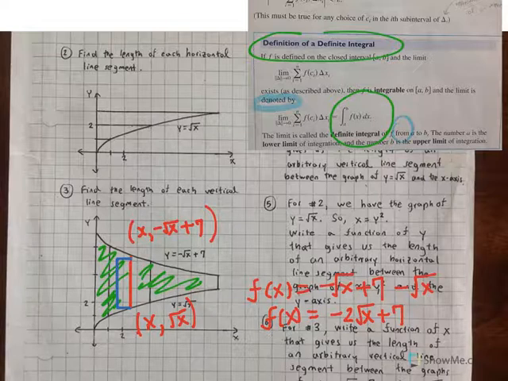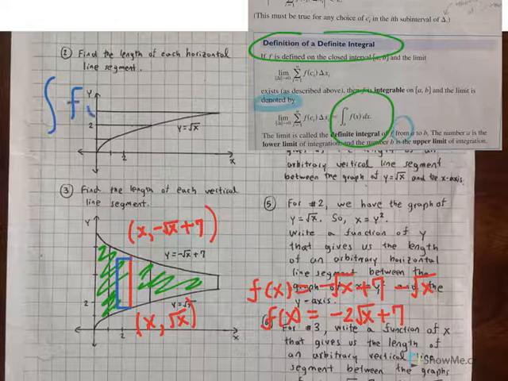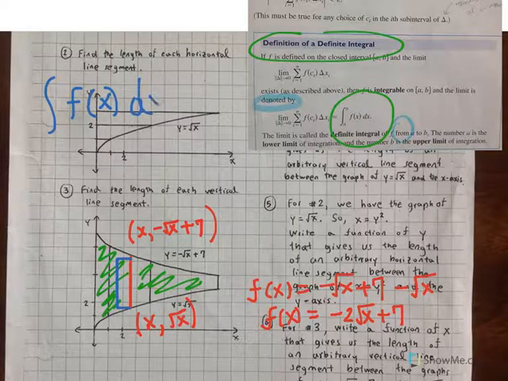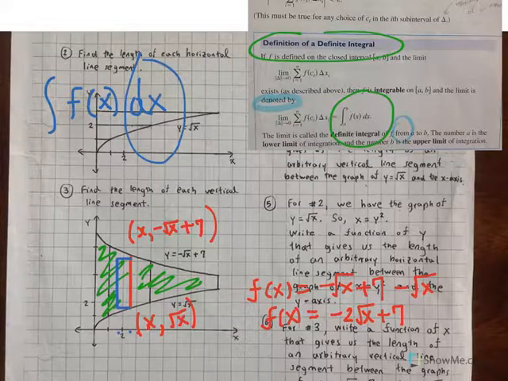So basically your definite integral will be like this. You will have a function of x that would give you the height of each rectangle, and then you're going to multiply that by the width of each rectangle, which is found by subtracting the x coordinates of the partition points. That's where the dx comes from.